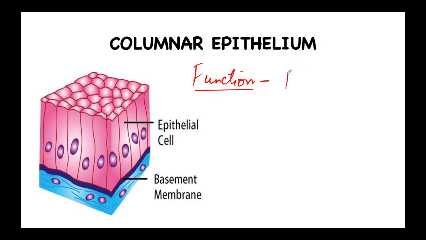This epithelium provides protection. It also performs some secretory functions, so it is involved in secretion of various substances. For the case of protection, in our stomach there is a membrane which is impermeable to bacteria. So therefore bacteria cannot enter there, right? In this way we can say that it provides protection.